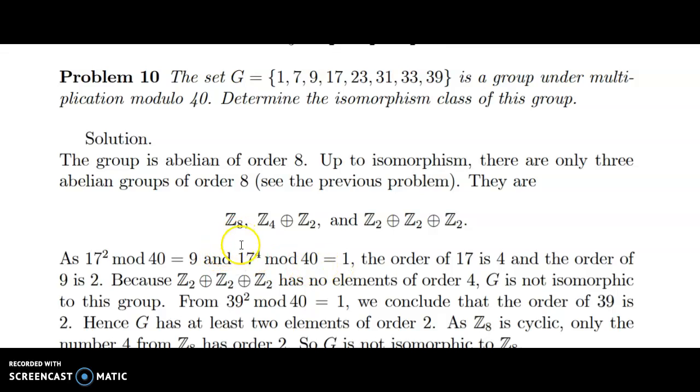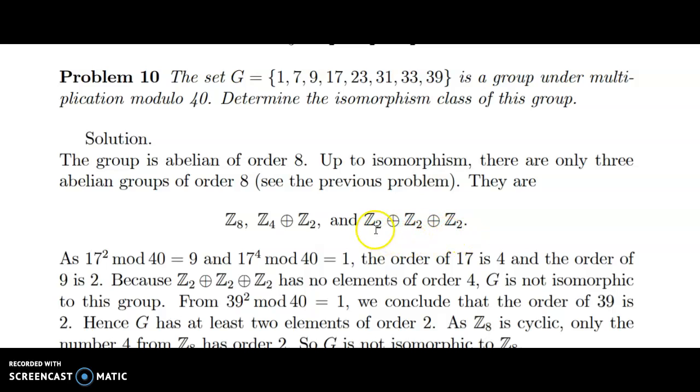This means that the order of 17 in this group G is 4. And the order of 9 is 2, because 9 squared will be 17 to the 4th, which is 1.